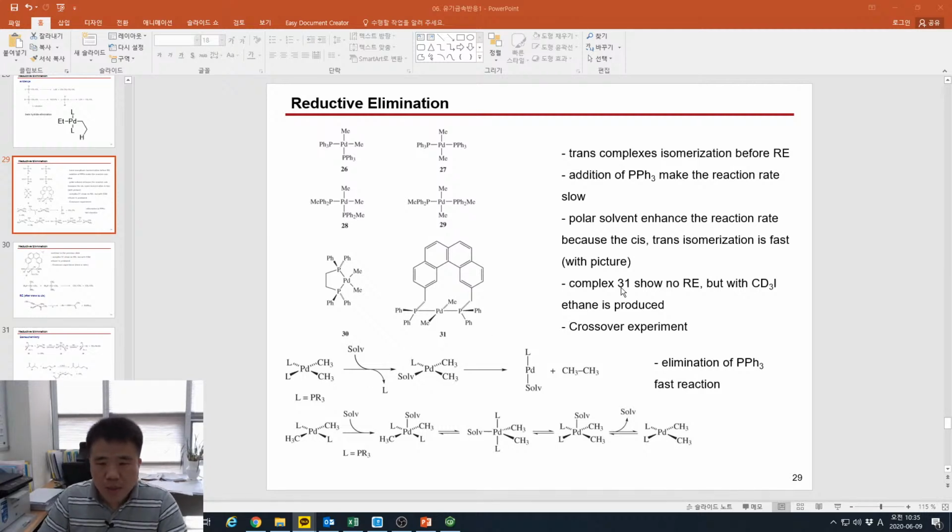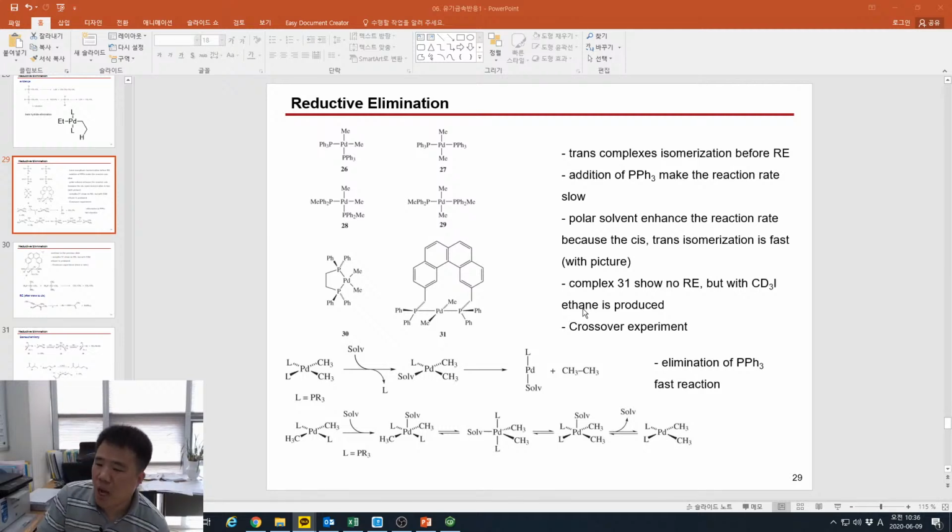Okay, complex 31 shows no reductive elimination, but with CD3I, ethane is produced. So this is not possible reductive elimination, but if you add CD3I, the ethane is produced.